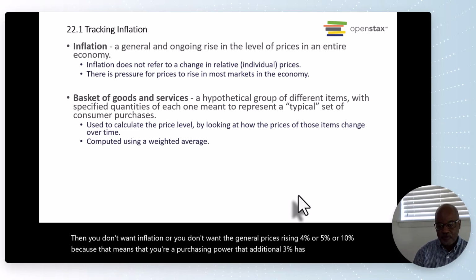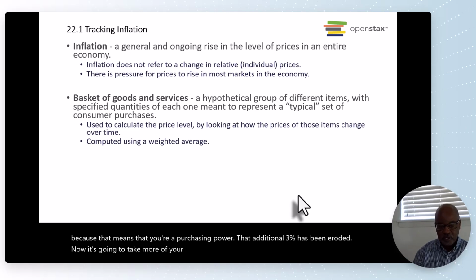Now it's going to take more of your money to buy staples, food, energy, rent, when you see higher inflation. So we want to try to keep inflation at a targeted level.